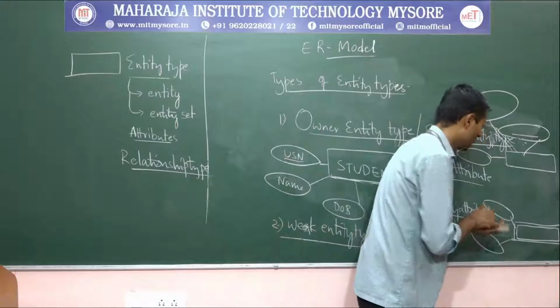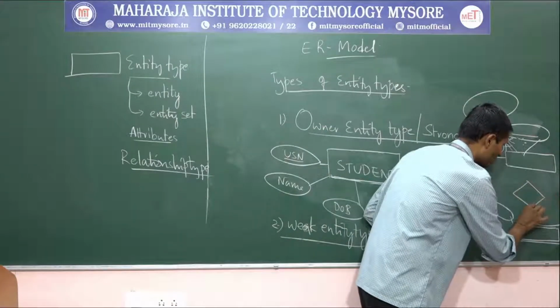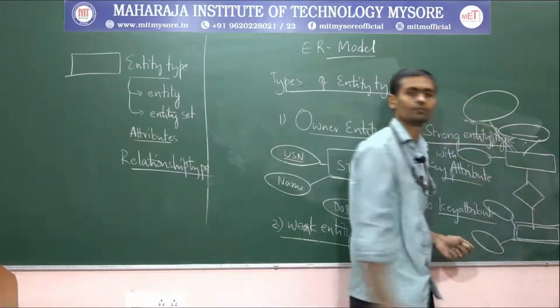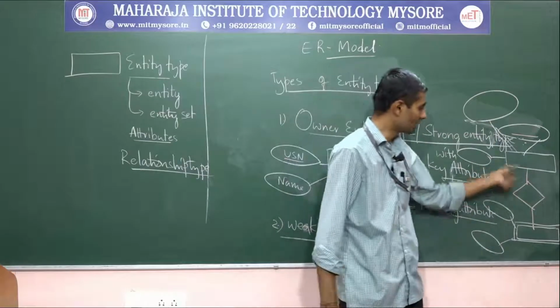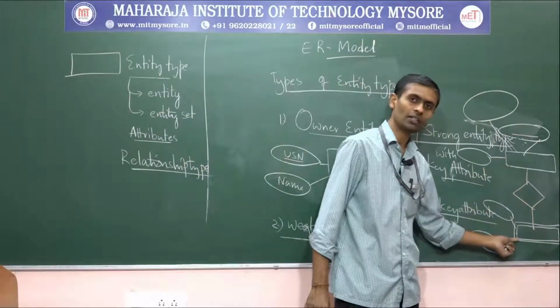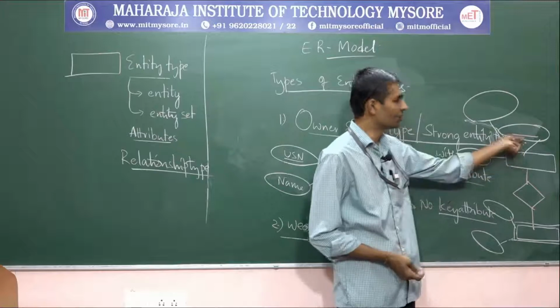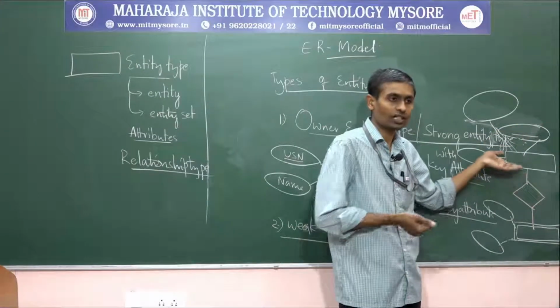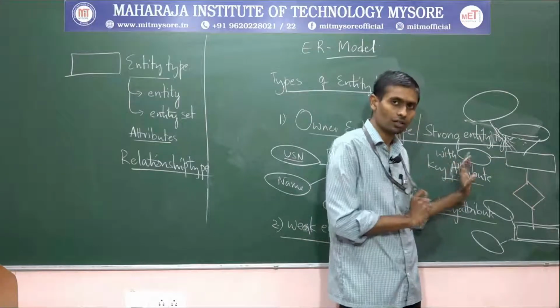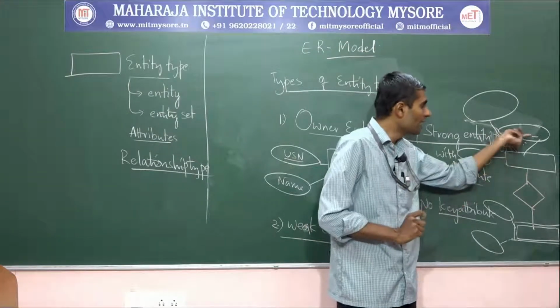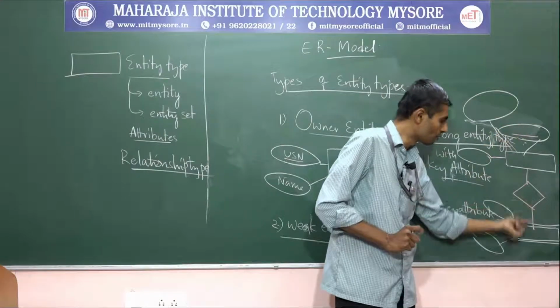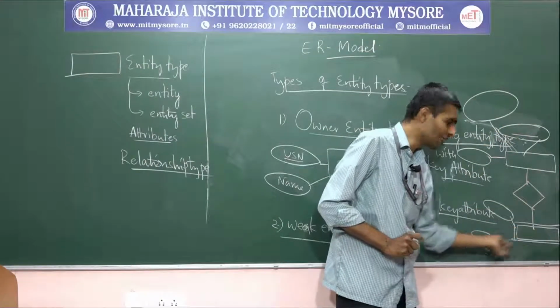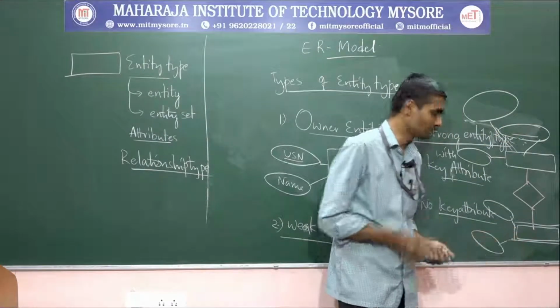Here let me write one relationship type between these two, connecting the strong entity type with this weak entity type. The key attribute of this strong entity type, which we can call the owner entity type in this context, will be used to identify the entities of this weak entity type.